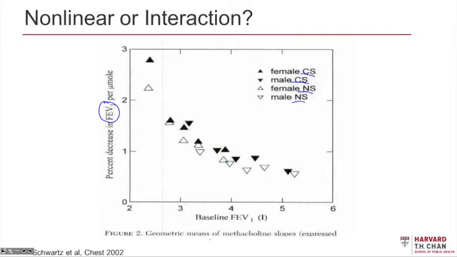So the females point up and the males point down. Okay? And smokers are filled in triangles, never smokers are open. You will notice that all the people with baseline lung function less than 3 liters are women.